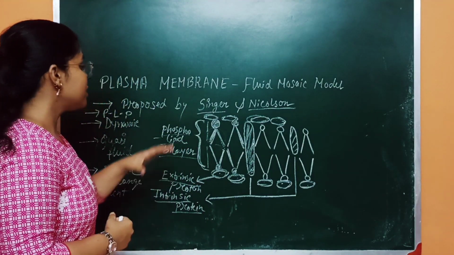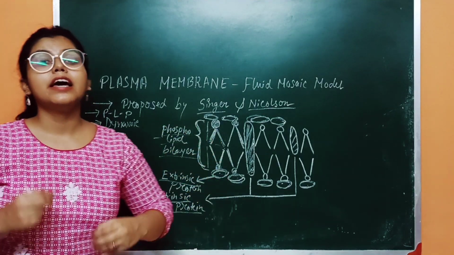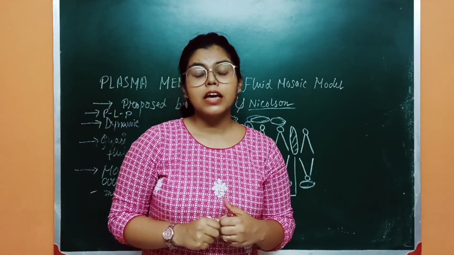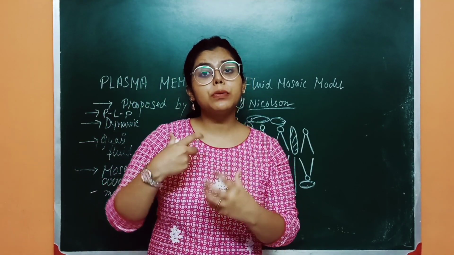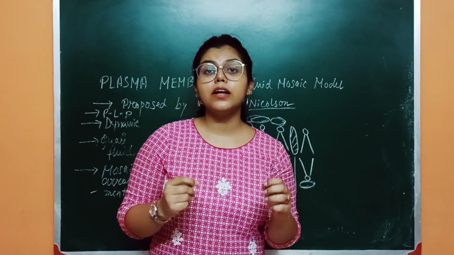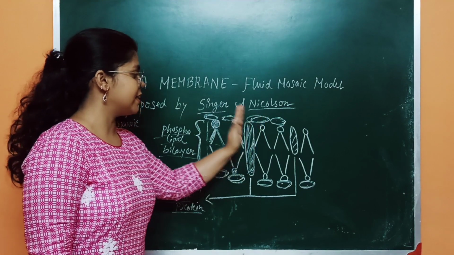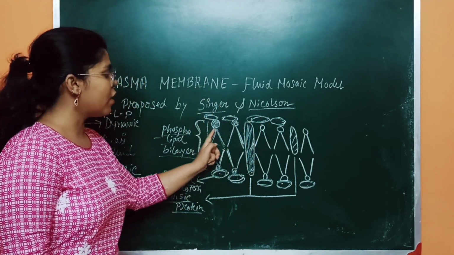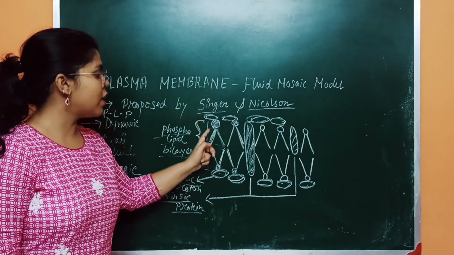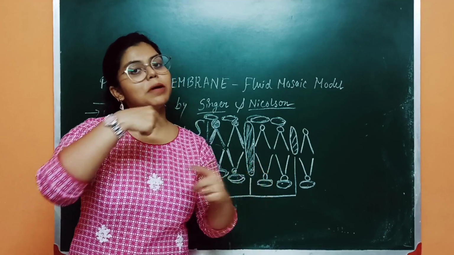Okay, so we can see the phospholipid structure has some fluidity, some liquid nature. So it is movable from this side to that side, side by side, like 1, 2, 3, 4. 4 can come to one place and 1 can come to the 4 place. So they can move side by side.